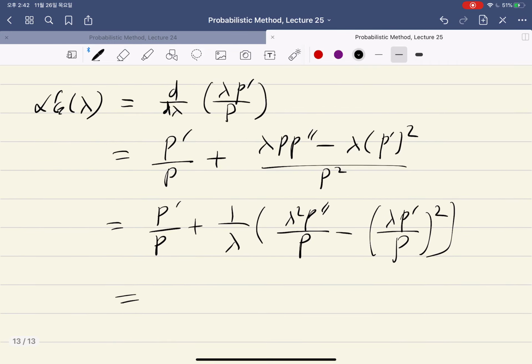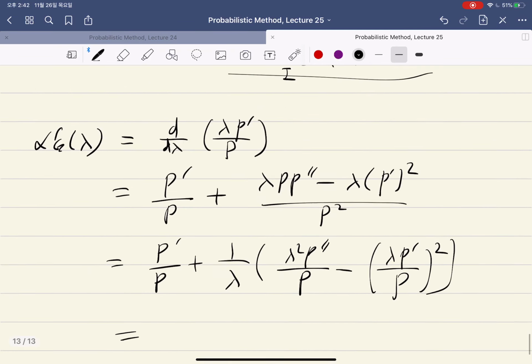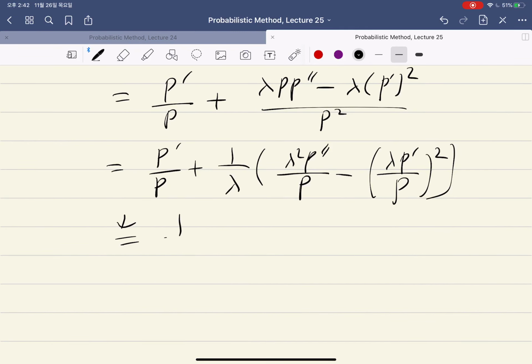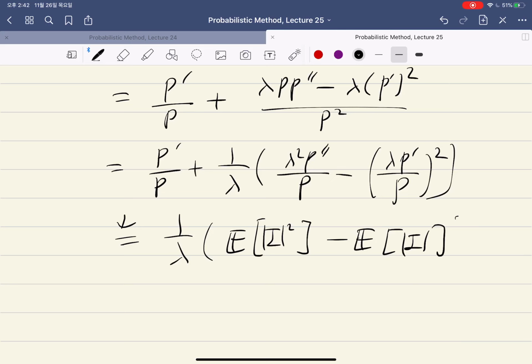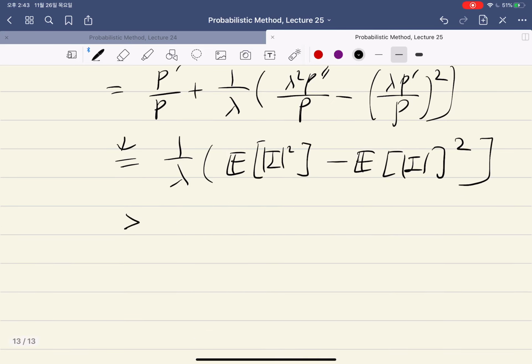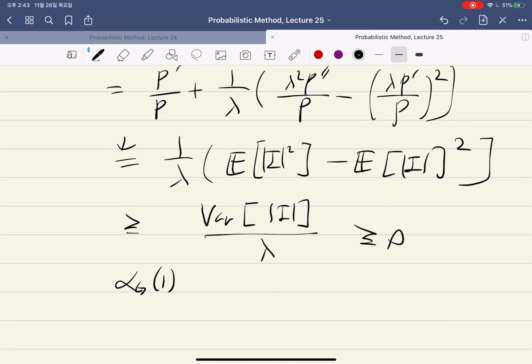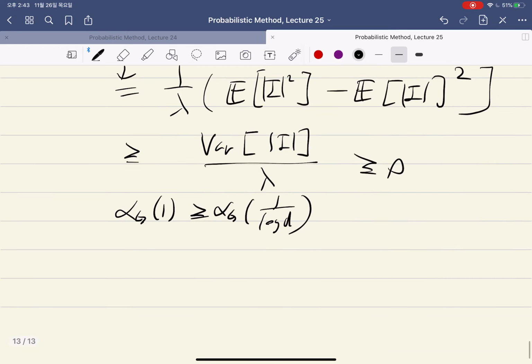And from here, you use this, and this is nothing but 1 over lambda times the expectation of I squared minus the square of the expectation of I, which is the variance of the size of I over lambda, which is non-negative. This shows that alpha of g at 1 is at least alpha of g at 1 over log d. This concludes the theorem.